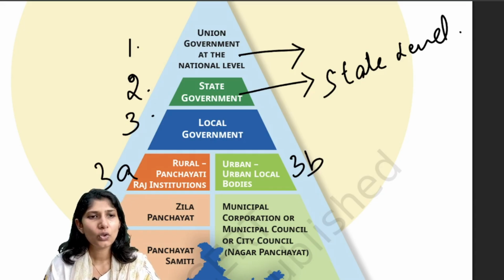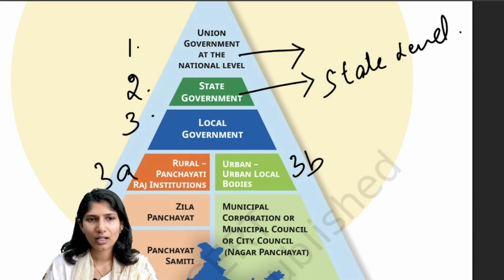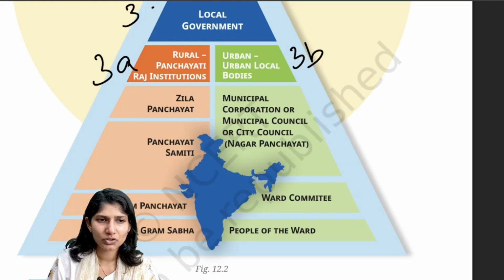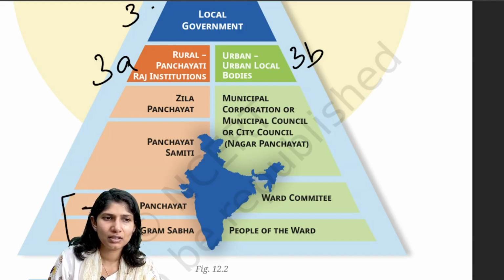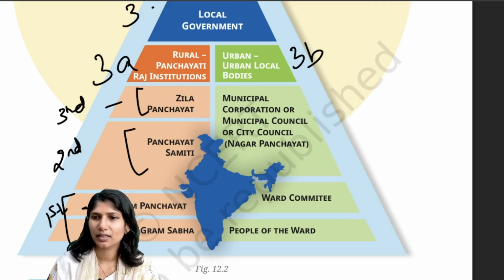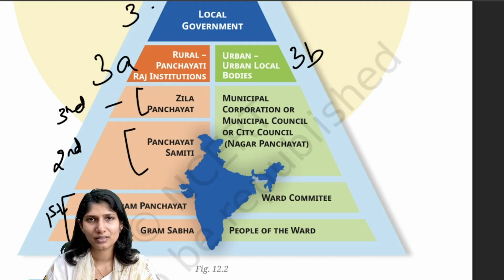In rural panchayats we discussed Gram Sabha and Gram Panchayat at the first level, Panchayat Samiti at the second level, and Zilla Parishad at the third level. This we have already discussed.